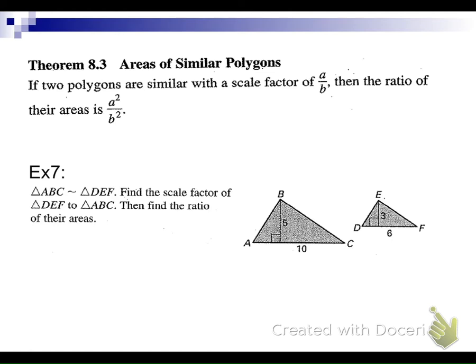Okay, so here we have Theorem 8.3, areas of similar polygons. So, if two polygons are similar with a scale factor of a to b, then the ratio of their areas is a squared over b squared.